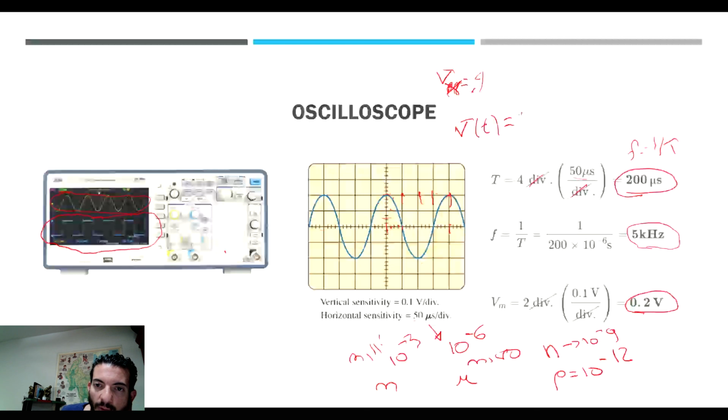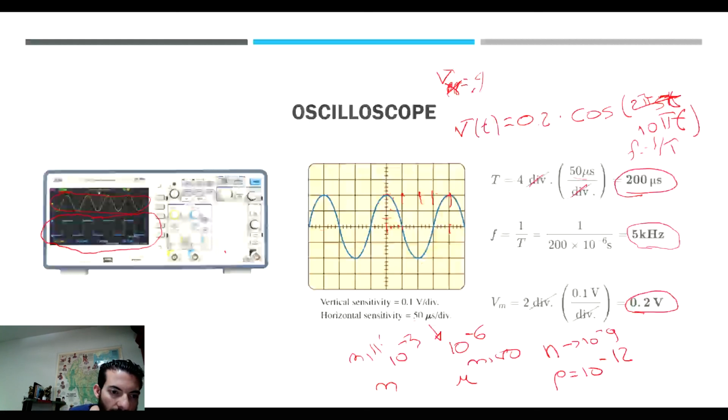So the voltage is 0.2 volts times, this is a cosine wave, cosine of 2 pi f, which is 5 kilohertz, times t. 2 pi times 5 thousand is 10 pi thousand, so 10 pi t, and close parentheses.